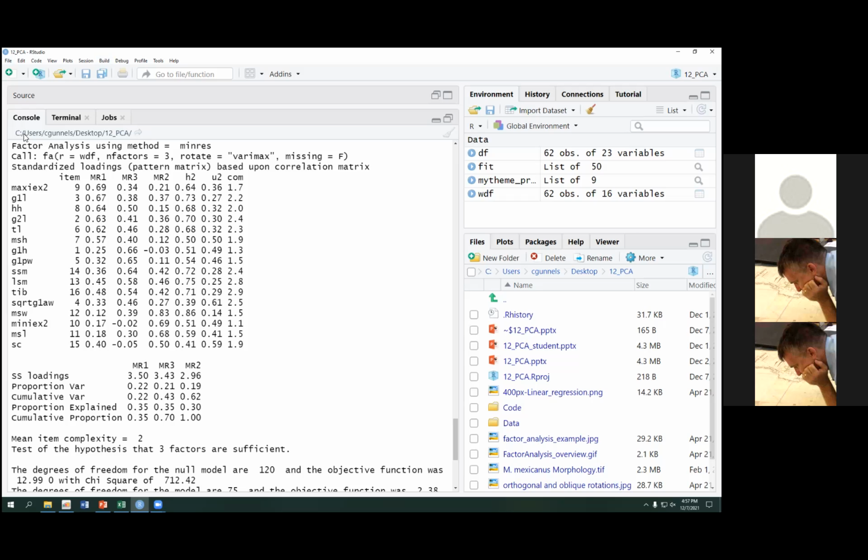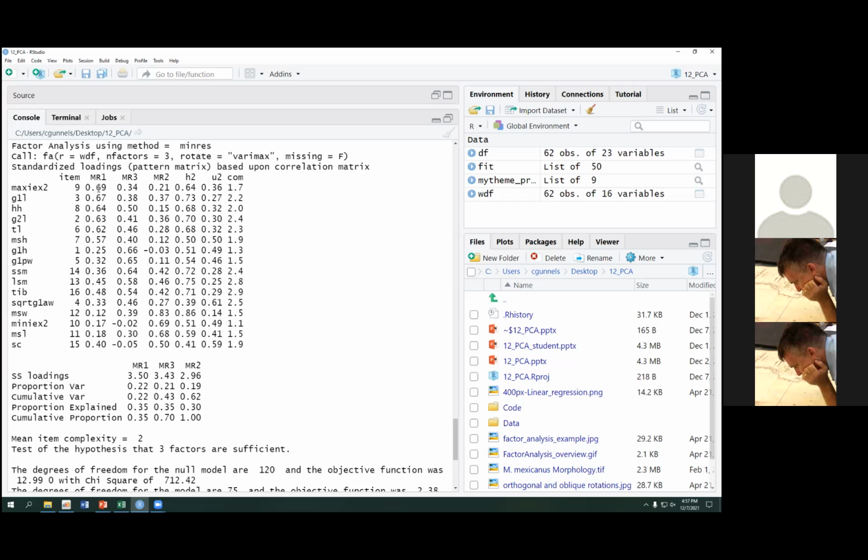Ideally, we want all of our measured variables to load on at least 1 factor. And ideally, we want them to only load on 1 factor. So we want them to be associated with 1 thing, and we definitely want them to be part of something. Otherwise, they're not doing us any good. We're ignoring them.